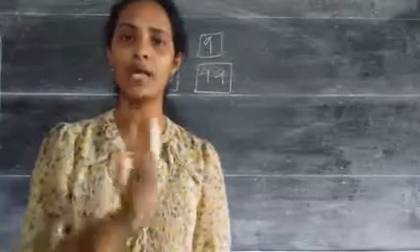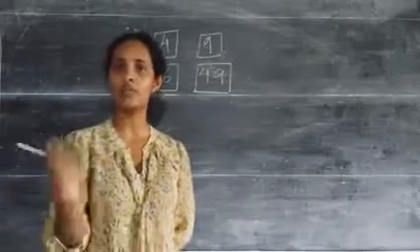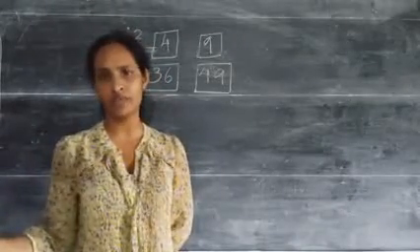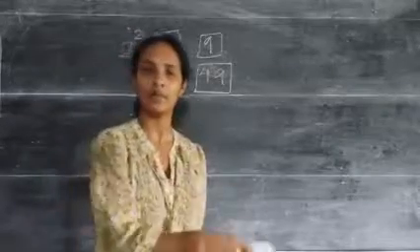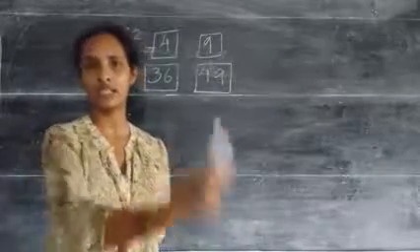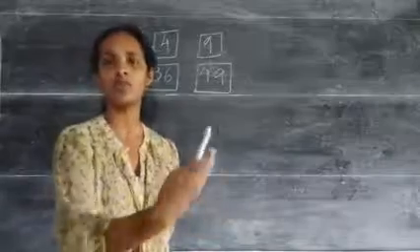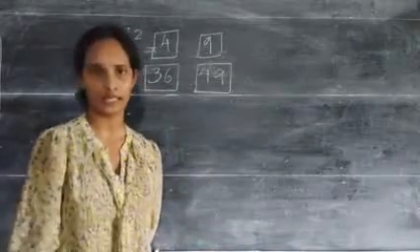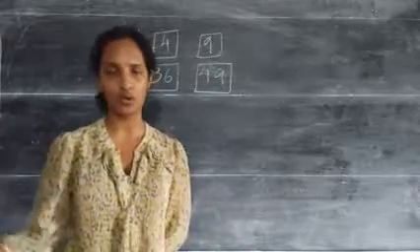You must study the squares and cubes of numbers at least till 20, because you're in class 9 and you'll be using squares and cubes almost everywhere. So please make sure that you know the squares and the cubes of numbers from 2 to 20 at least. Like 2 square is 4, 3 square is 9, 4 square is 16, etc. Or 2 cube is 8, 3 cube is 27, 4 cube is 64, etc. Make sure you know all those.